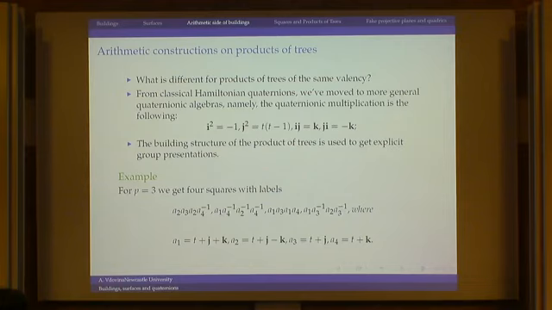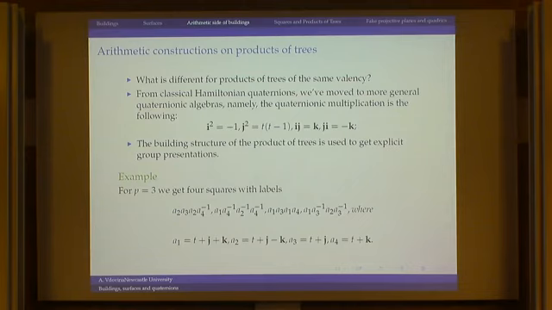We take 4 squares and we write words on the boundary of the squares, and then we glue them together by gluing the sides with the same label, respecting orientation, and then the universal cover is a product of two trees.